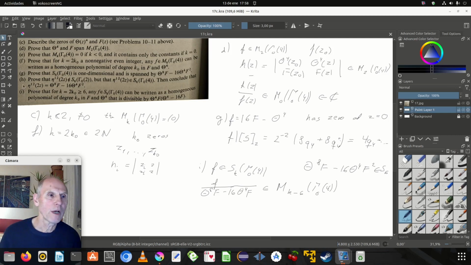What bothered me when I read problem H was that these etas, they do not have many zeros, I thought. But then when I stopped recording, I realized that eta to the 24th has zeros at every cusp, because it's the delta function.